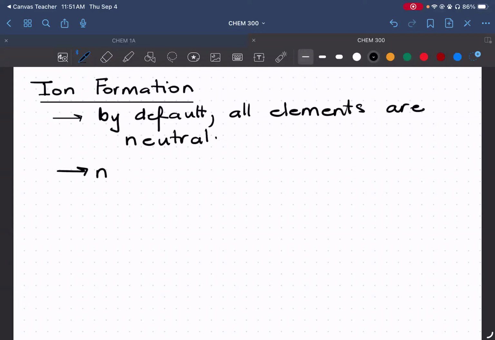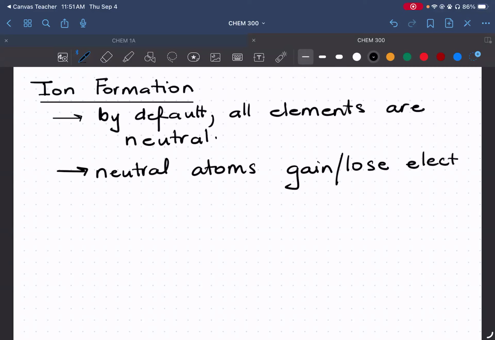These neutral atoms can either gain or lose electrons and upon doing so, they form what are known as ions.